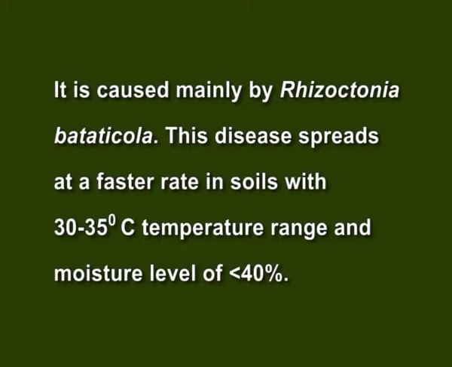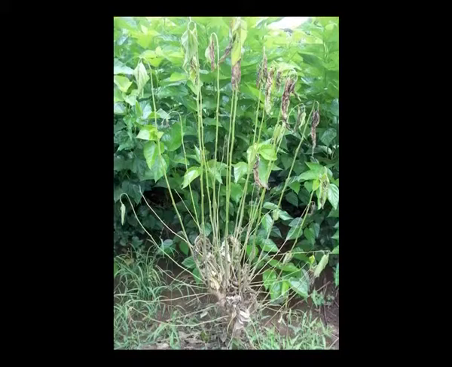This disease spreads at a faster rate in soils with 30 to 35 degrees centigrade temperature range and moisture level of less than 40%. The disease is characterized by sudden wilting of leaves followed by withering, decaying of roots and death of the affected plants.